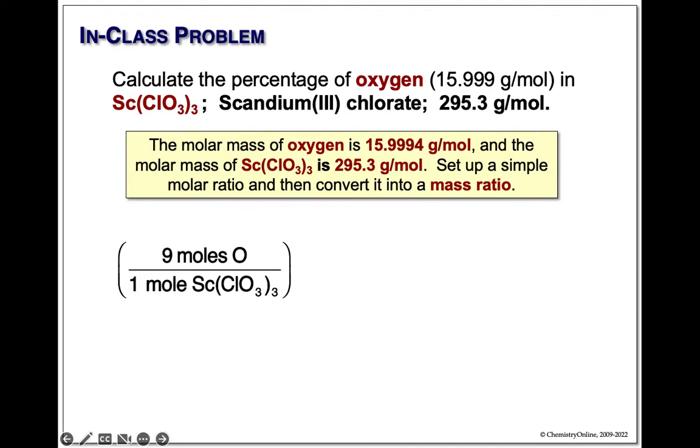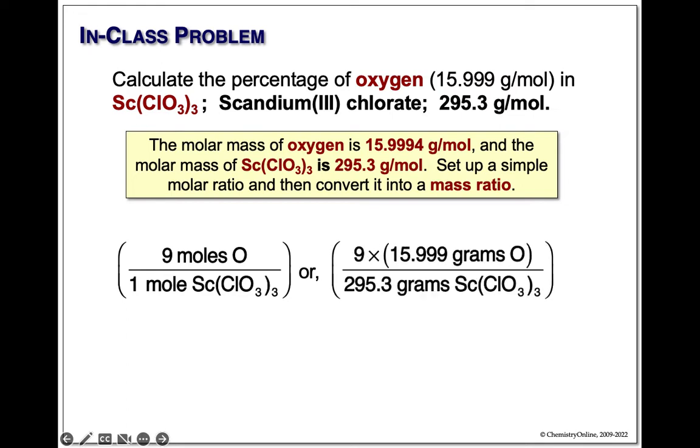We have 9 oxygens at 16 each, 1 scandium chlorate at 295. The mass ratio is this.